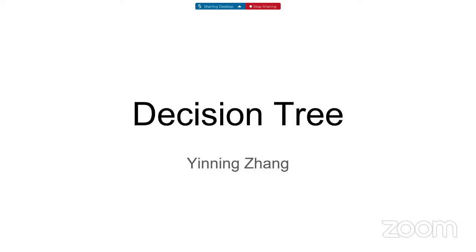Also, we mentioned K nearest neighbor. It doesn't suit when it has all those categorical features, and this decision tree is perfect when you have a data set with all categorical features, which you will see soon.